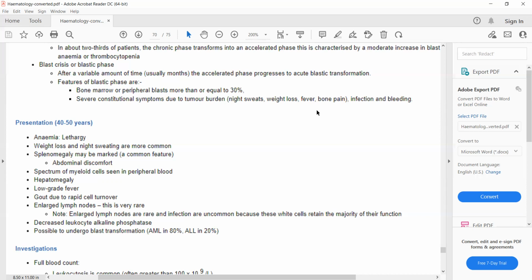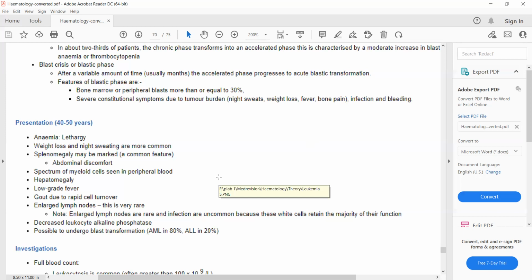For CML and CLL, an important differentiating point on a peripheral blood film is that, as their names indicate, CML is a myeloid leukemia, so a peripheral blood film will show myeloid cells such as neutrophils, eosinophils, and basophils at all stages of maturation, while lymphocytic leukemia, CLL, will show lymphocytes on a peripheral blood film.